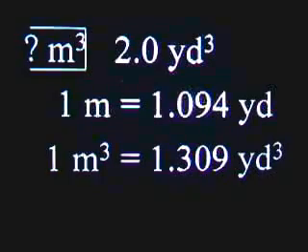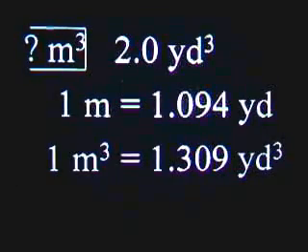But on the other side of the equality, 1.094 cubed becomes 1.309 yards cubed. So to take a length equality and change it into a volume equality, all you need to do is cube both sides of the length equality. Both the number and the unit must be cubed to make this conversion from a length equality to a volume equality.